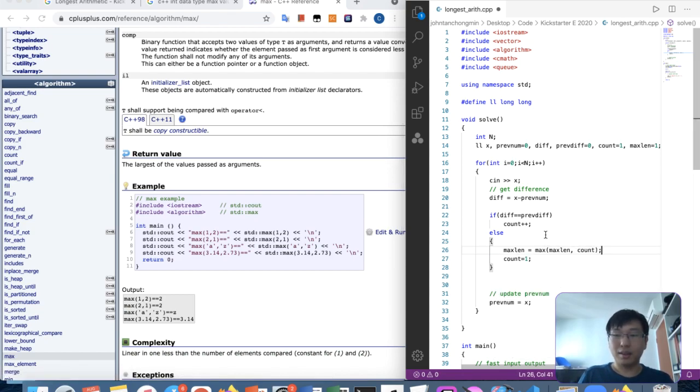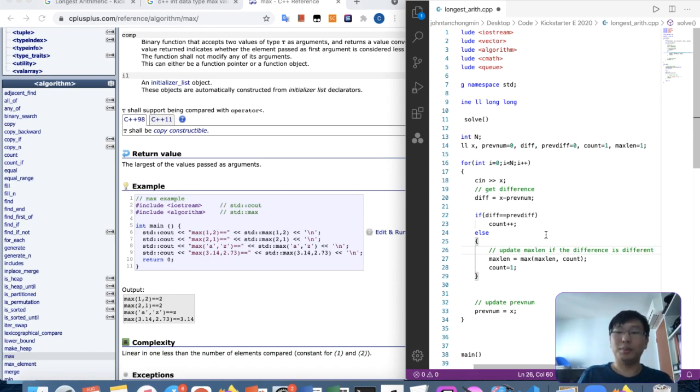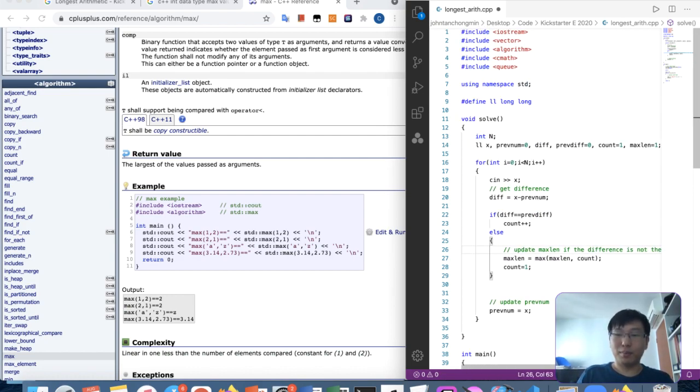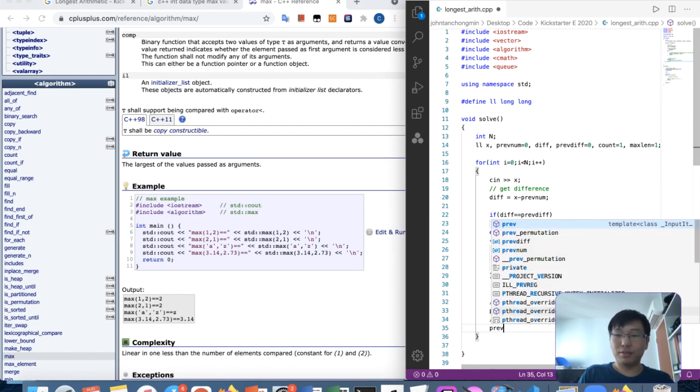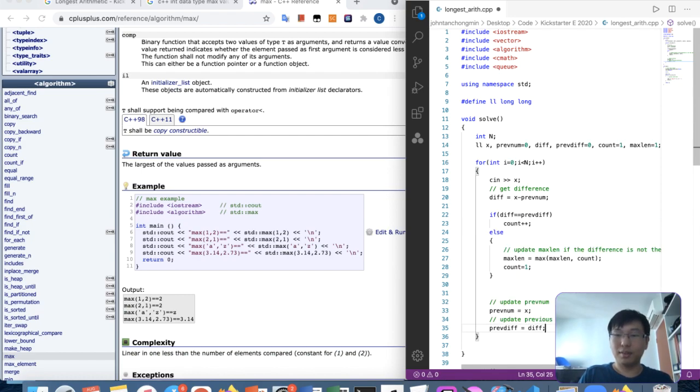We update max length if the difference is not the same. This sounds a bit weird, but that's the idea. So over here we update previous num, and we also update the previous diff: previous diff equals diff. We just keep doing this until we reach the end of the array.